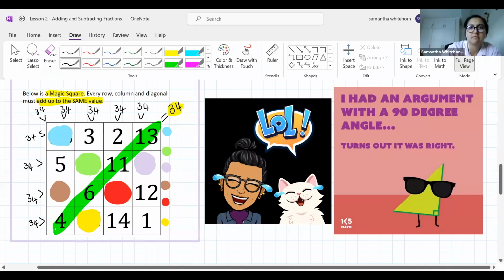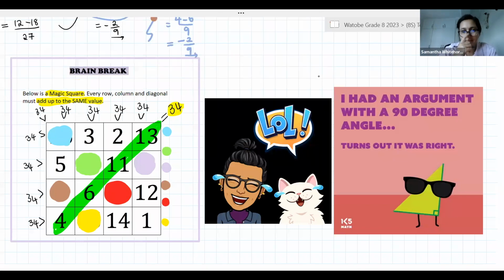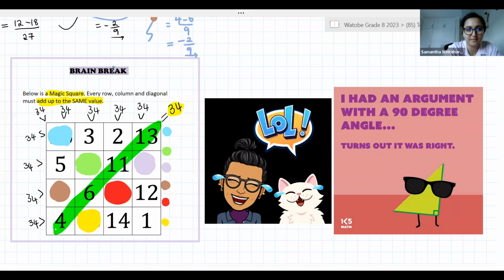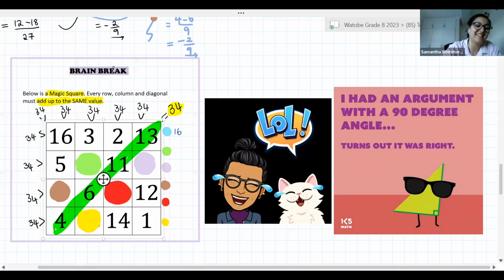The diagonal answers, I added them all up and I got 34. And then basically, I'll start with the blue circle. I added 13 and 2 and 3, and then I got 18, and then I said 34 minus 18, and then I got 16. So then I knew that the blue blob equaled 16.